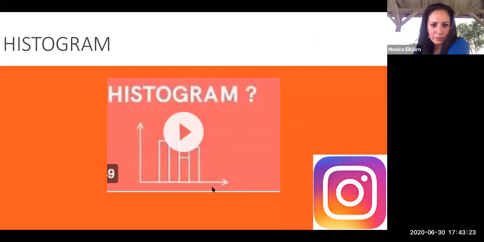In this table, we have 2 rows. In one, we will have the class interval, which will be the price range of pens. And in the second, we will have the frequency, that is the number of pens sold of each range. Are you seeing my screen?